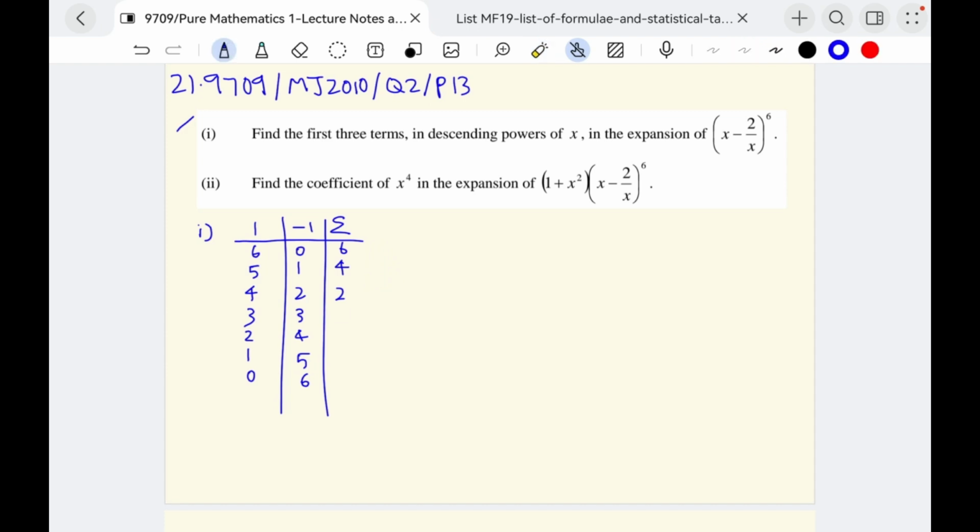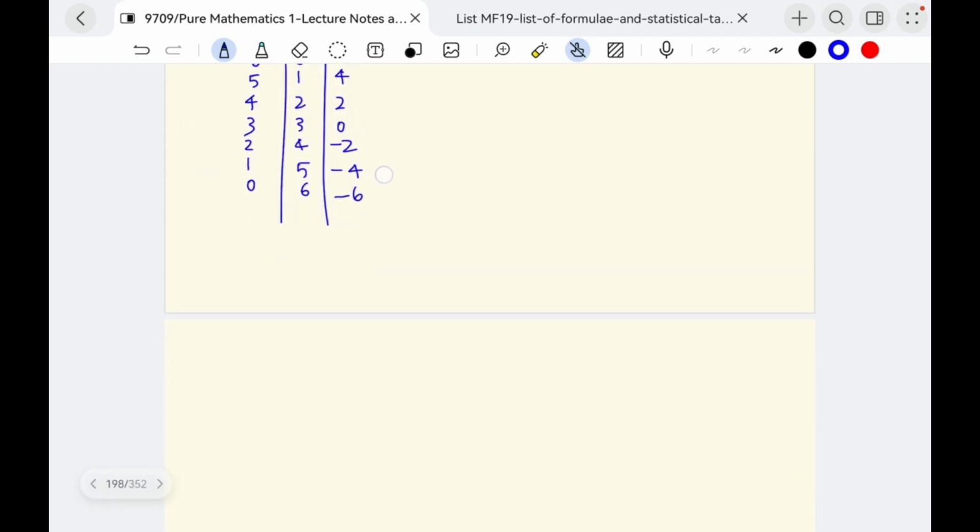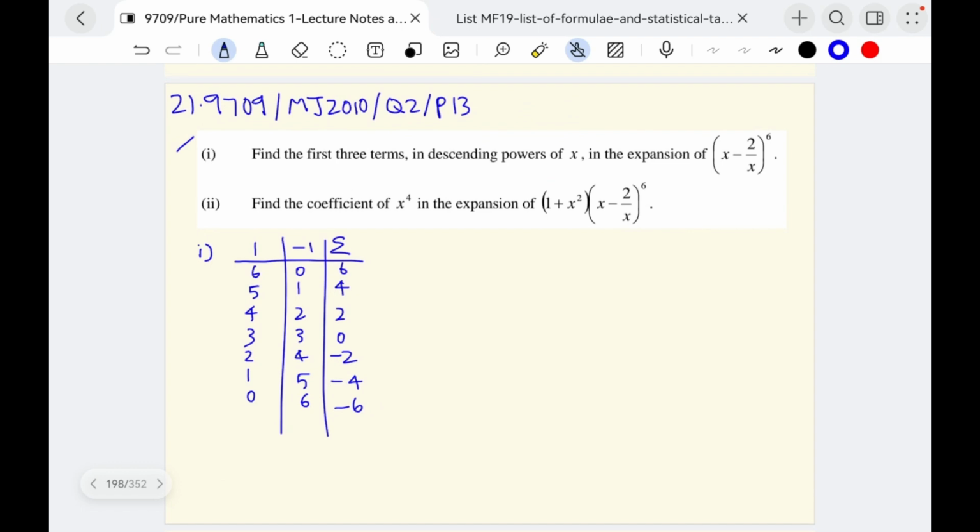Okay, this is 0. This is minus 2. This is minus 4, minus 6, like this. So now you may start the expansion right now.